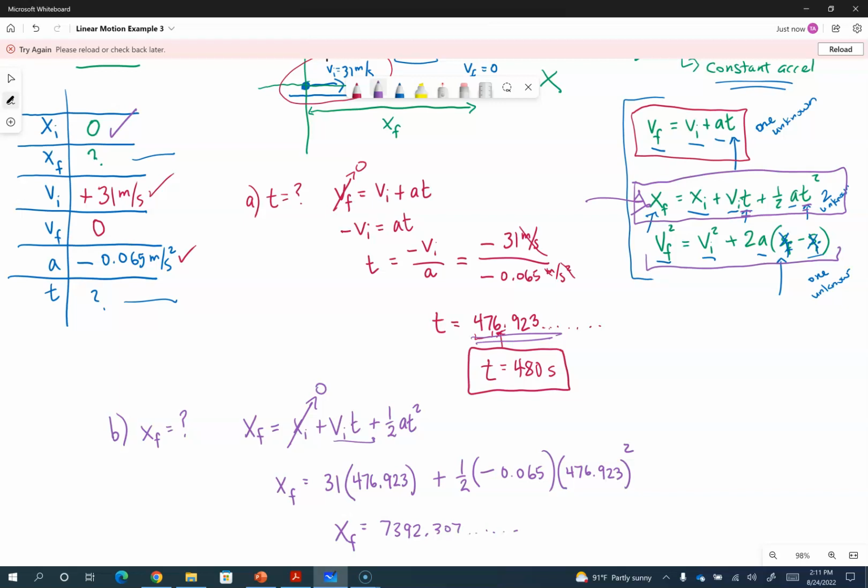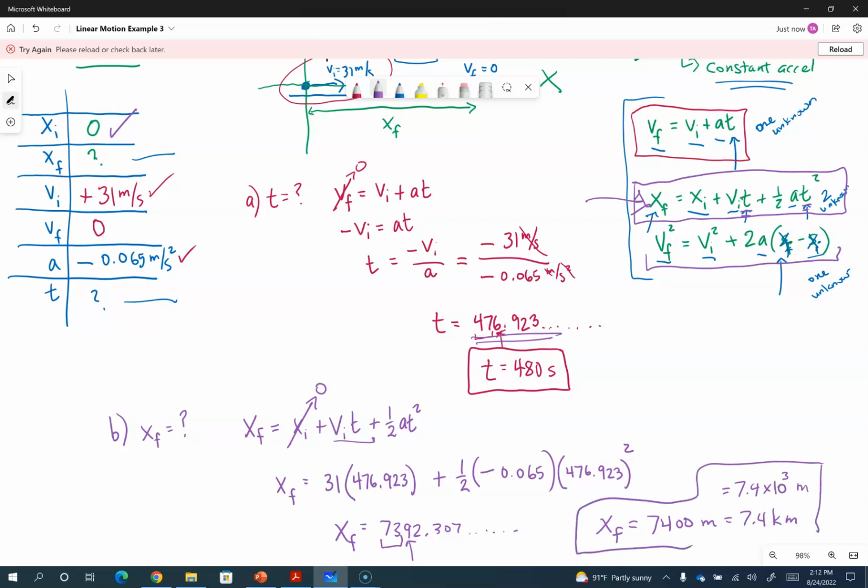I totally need 2 sig figs in this answer for the same reason I needed 2 sig figs in the previous answer. So let's see, 2 digits, but talk about rounding. X final would be 7,400 meters, which we could totally write as 7.4 kilometers, or 7.4 times 10 to the 3 meters.